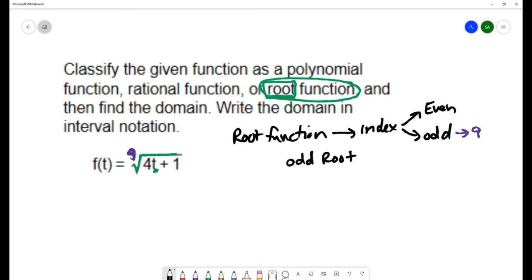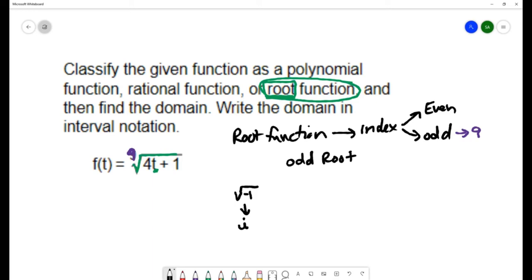Now that's important because we find the domain differently based on whether it's an even root or an odd root. The thing to remember here is that if we have an even root of a negative, we get i, which is an imaginary or complex number. So in terms of real numbers, the even root is only defined for positive or 0.